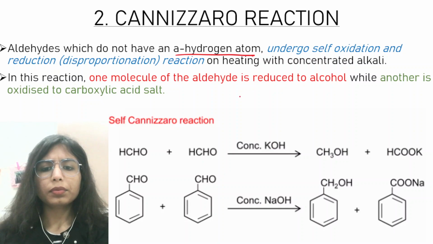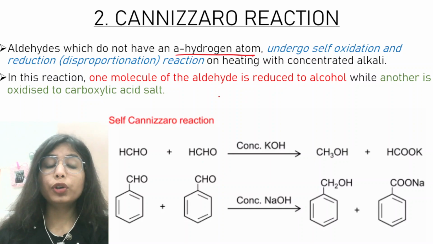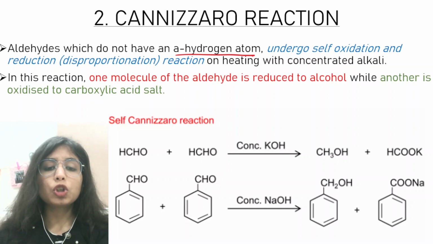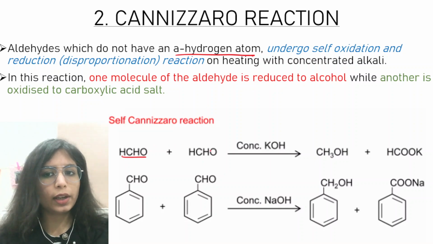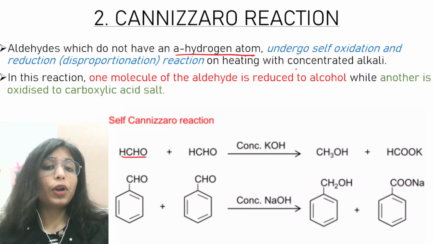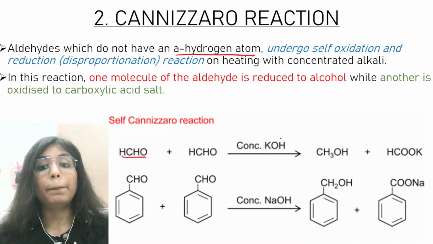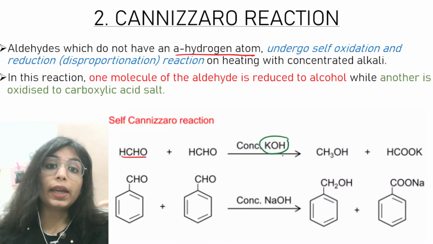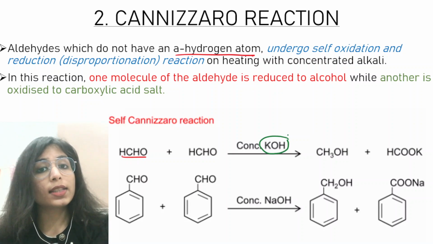So first, for the substrate, you have to look out for those aldehydes which do not contain an alpha hydrogen atom. If I talk about the reagent part over here, the reagent that you take is a base. Now in the aldol condensation reaction you are also taking a base, so the bases are the same, but the difference is the concentration.